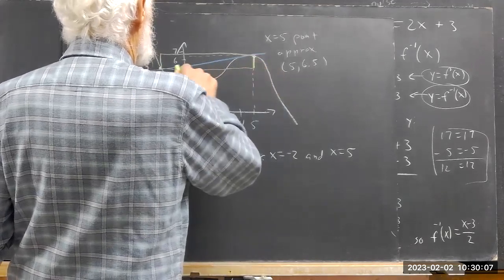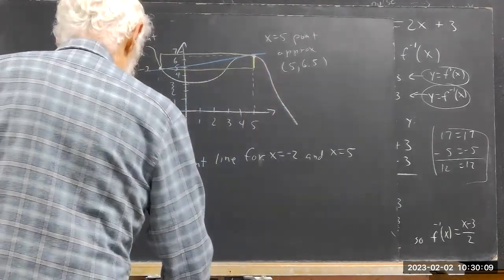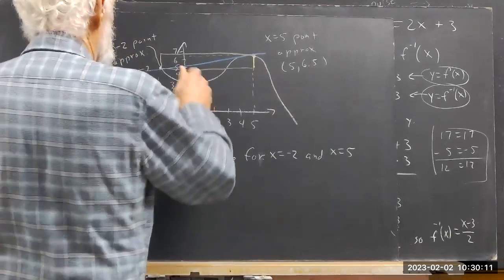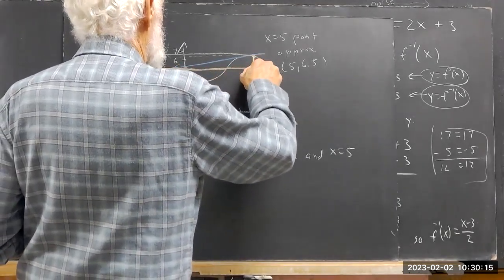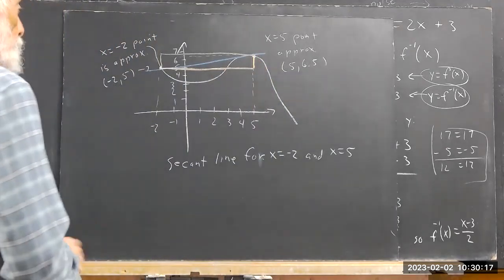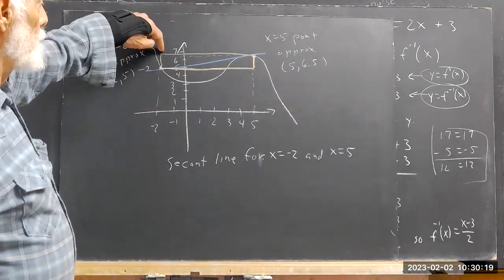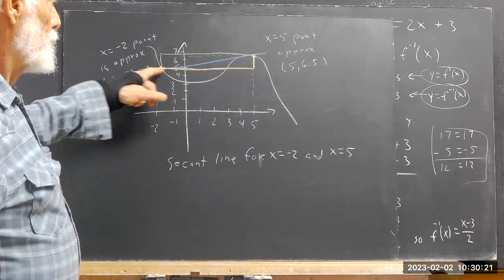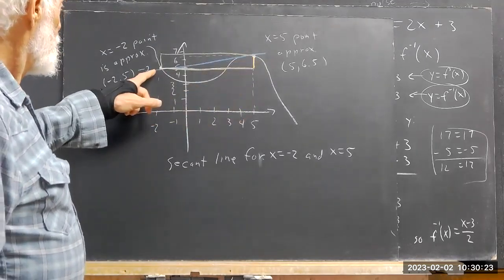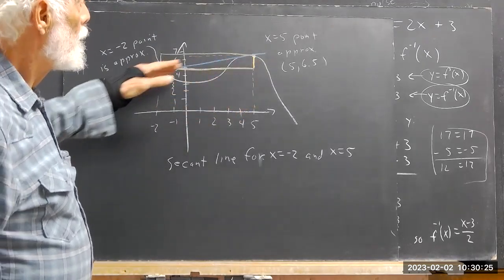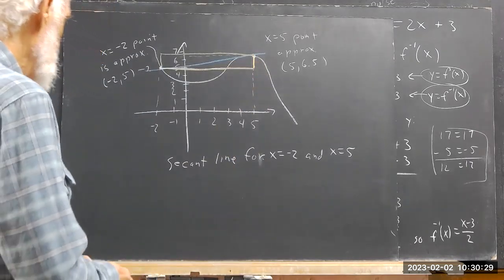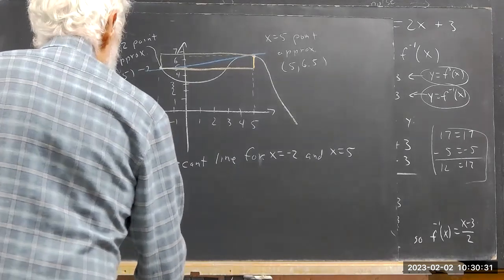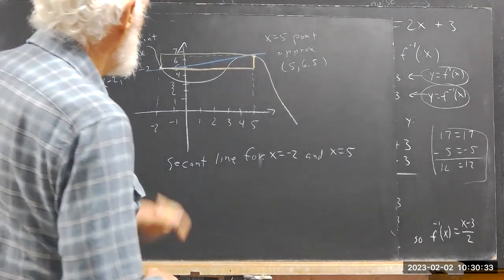I could draw either triangle. I do both. Let's distinguish the two. The green triangle's above, and it goes from point to point. The orange triangle is below the graph, but it also goes from point to point. And I like that one better for this purpose because it's easier to label.